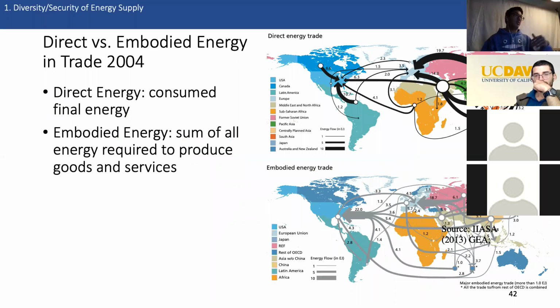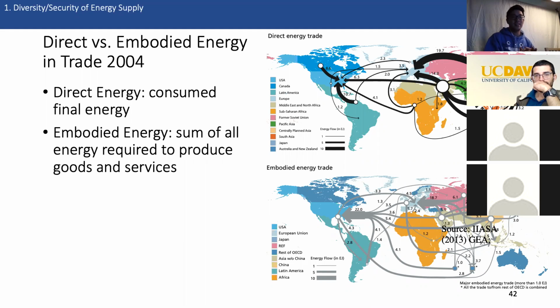Moving quickly through this, one of the things that is pretty interesting is thinking about the direct versus embodied energy in these trade flows. Direct energy is the consumed final energy.